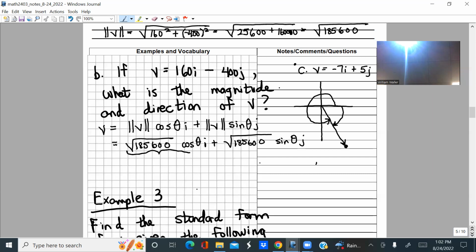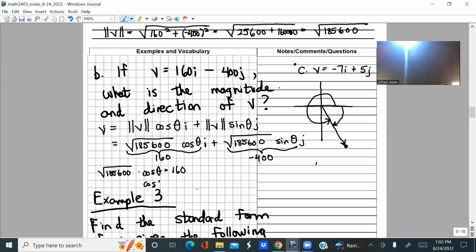This number is supposed to be 160, and this number is supposed to be minus 400. So what you know is something useful: the square root of 185,600 times the cosine of theta has to turn out to be 160.